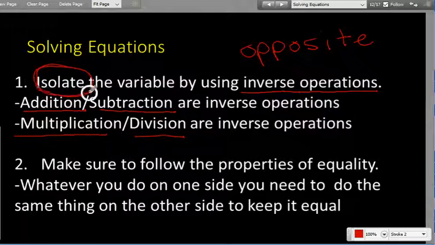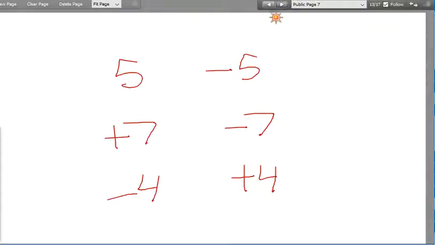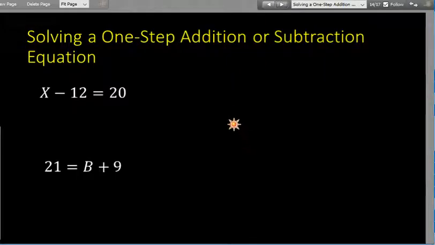That's what isolate means. Okay, we're going to get the variable all by itself by using opposite operations. As we do this, we have to make sure we follow the properties of equality. So whatever you do on one side, you need to do the same thing on the other side to keep it equal. So let's go ahead and look at an equation and apply these rules.